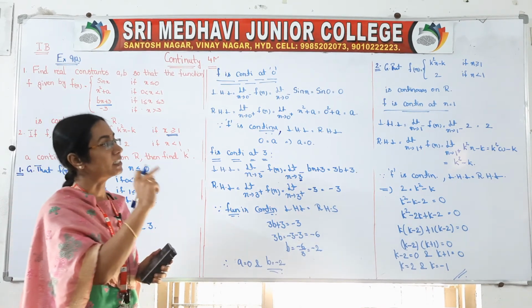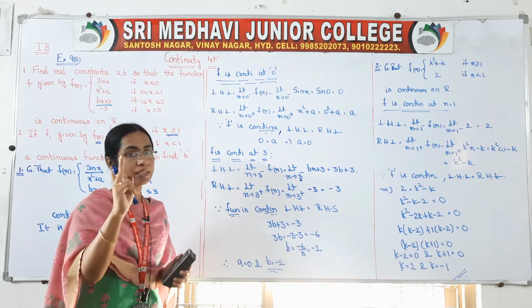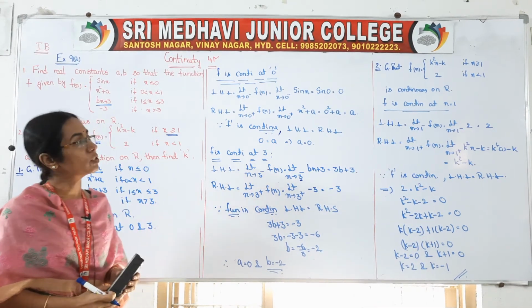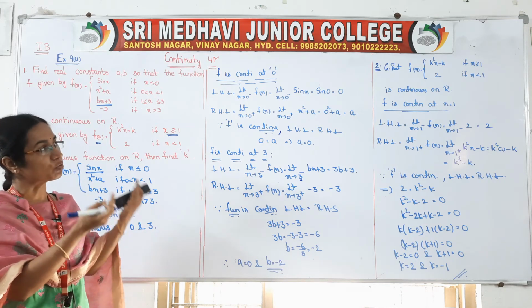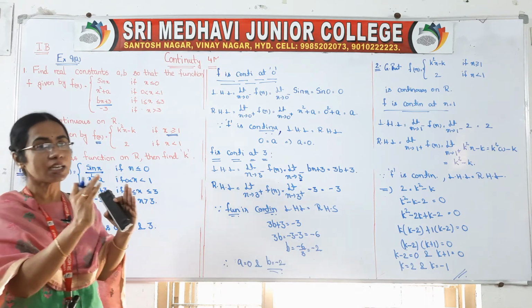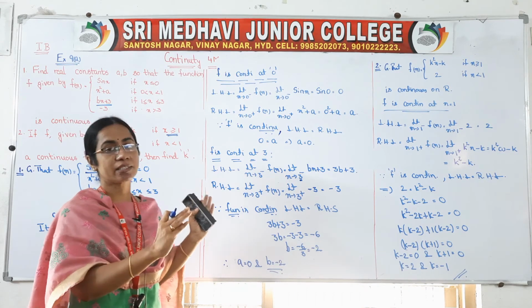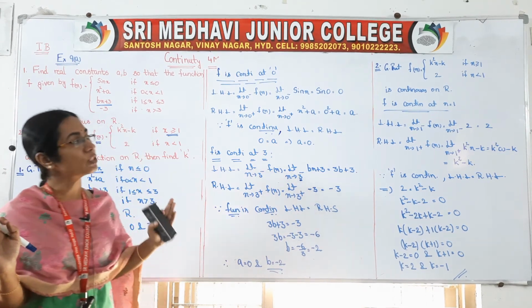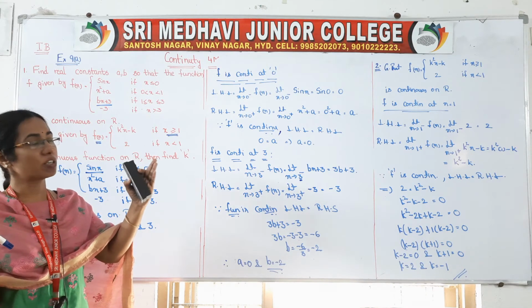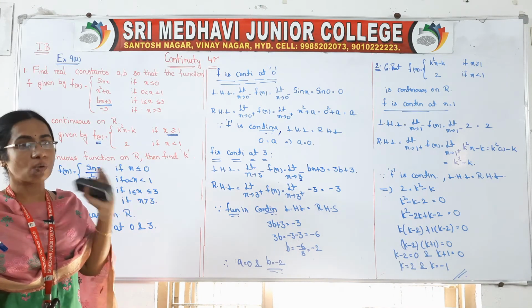So we will consider that real number as 1. So f is continuous at x is equal to 1. Why? We know the function is defined at x greater than 1 and x less than 1, not at any other number place. That's why the function is continuous at x is equal to 1.